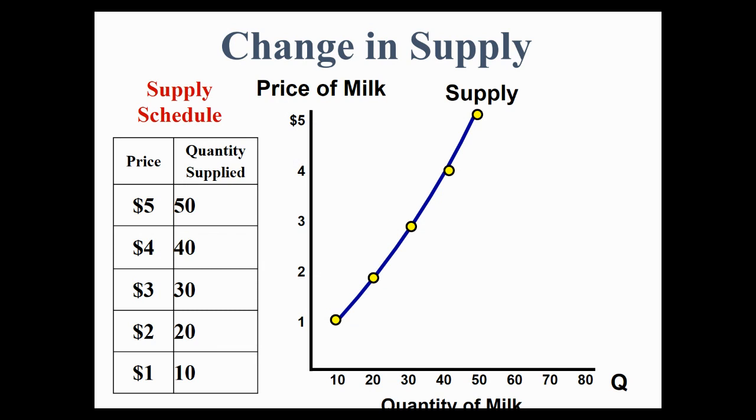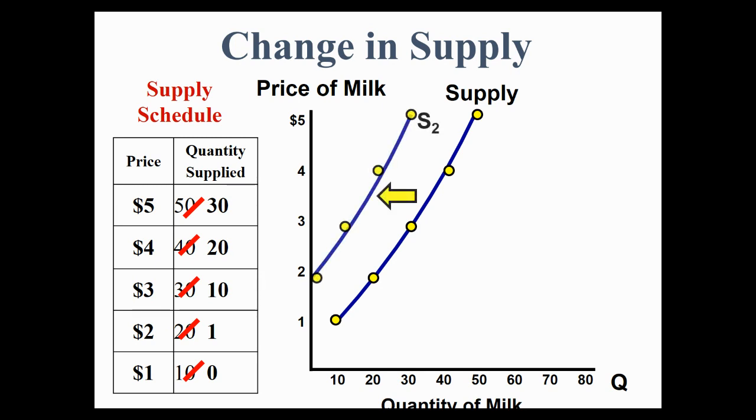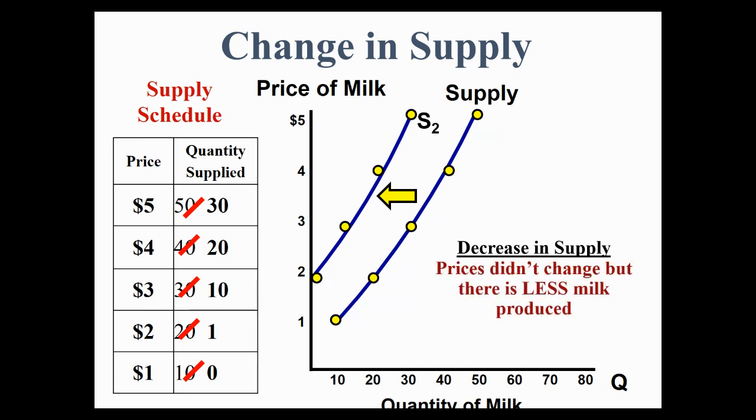So if we see that happening, what will happen at every quantity? If the prices don't change, at every quantity we're going to produce less milk. So therefore, we're going to see a shift left in the supply curve, which is a decrease in the supply curve. So once again, this is a decrease in supply. We're shifting left. Okay.